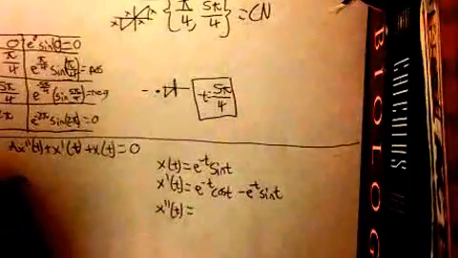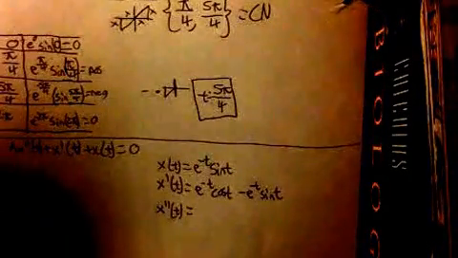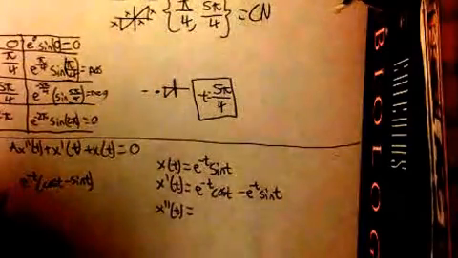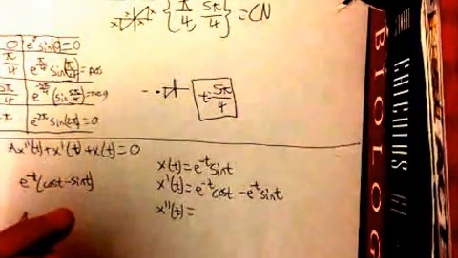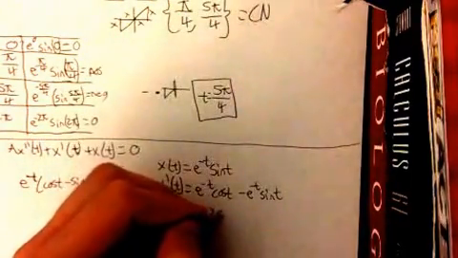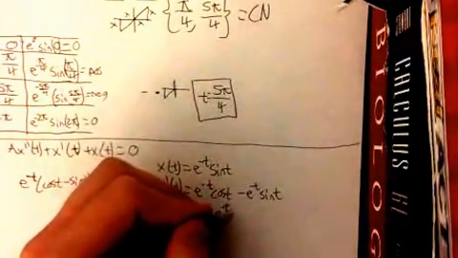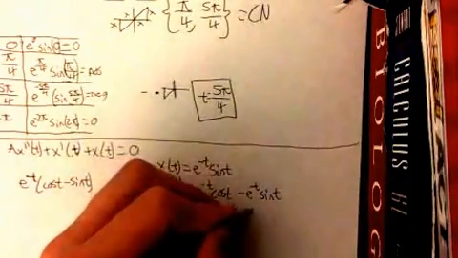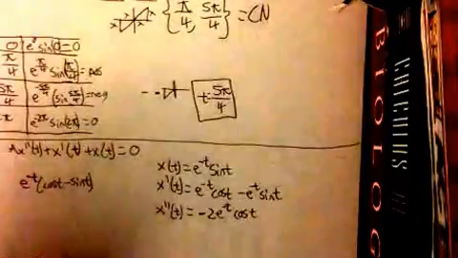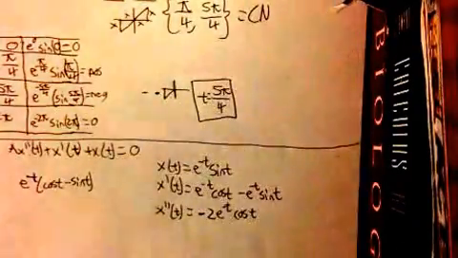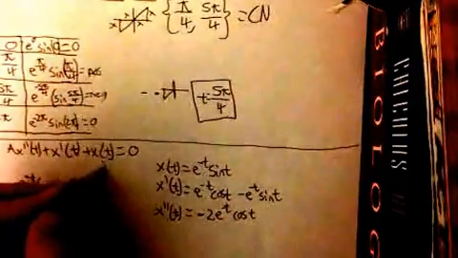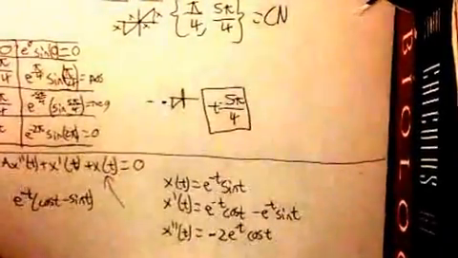You would want to take e to the negative t times cos t minus sine t, and again use the product rule. To save some time, I already found that. So we know the second derivative is going to be negative 2 e to the negative t times the cosine of t. That simplifies because sine and cosine end up canceling each other out with the product rule.